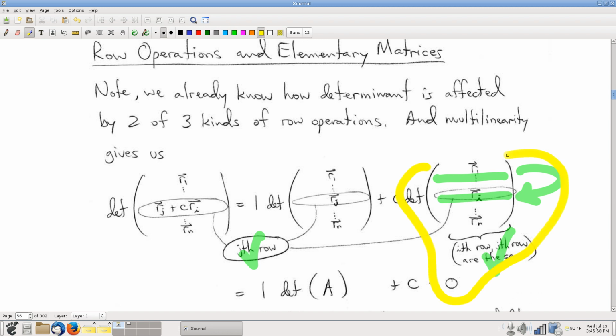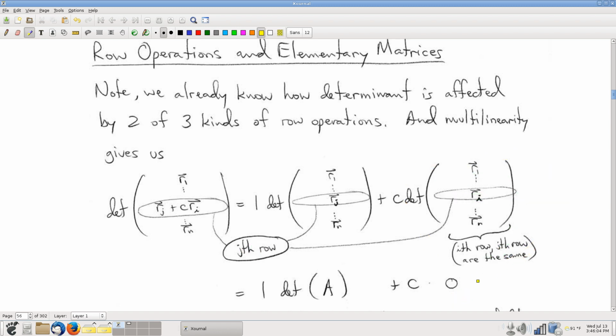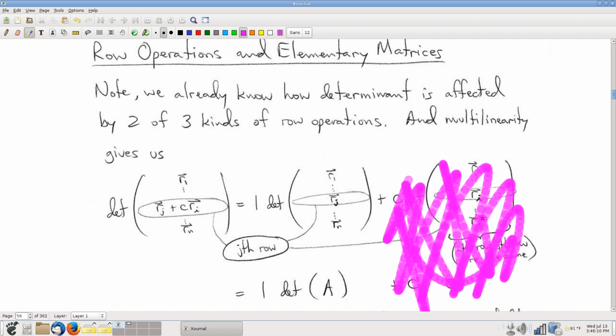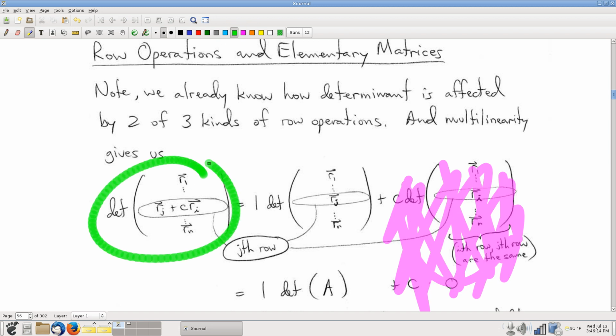When 2 rows are the same, the determinant is equal to 0. Alright, so very nicely, what we end up with is that this term goes away, and the determinant after that row operation is equal to the determinant before that row operation times 1.